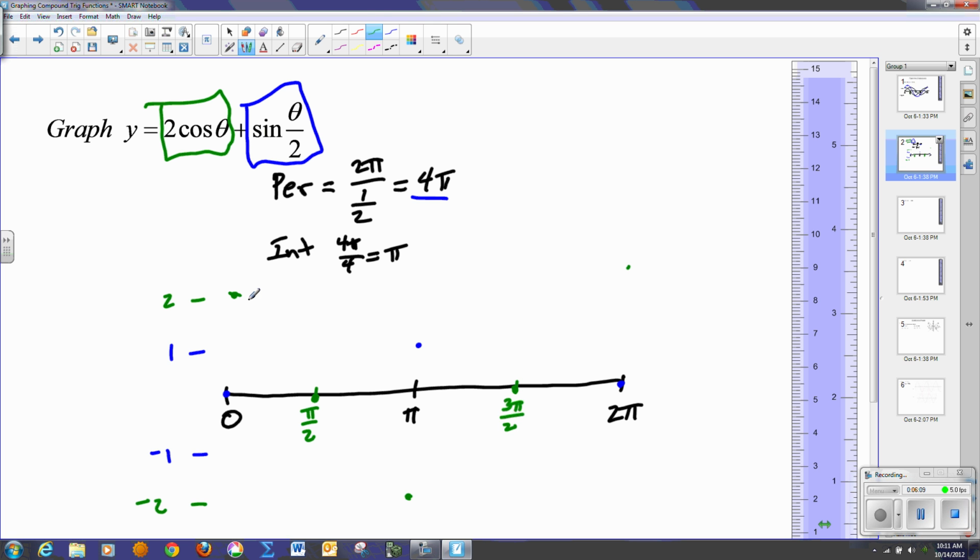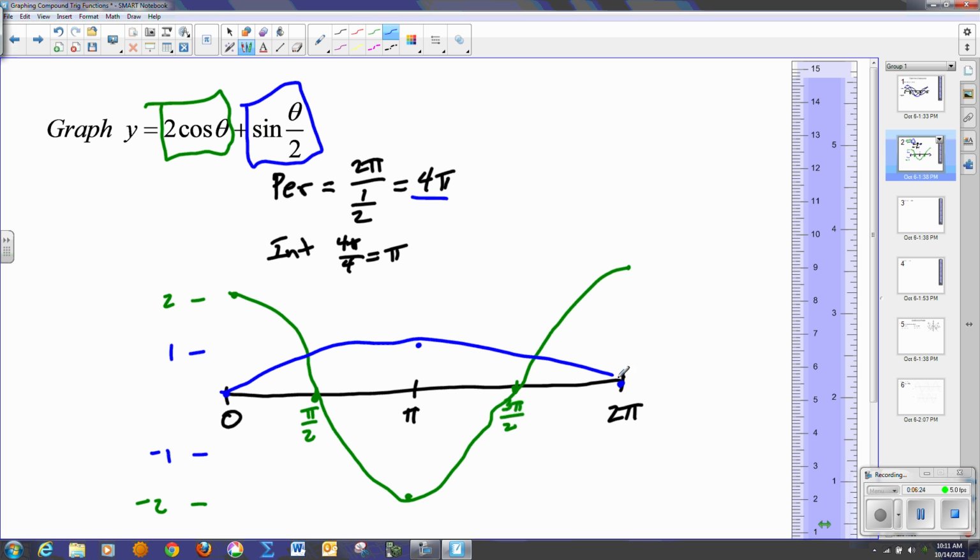So if I graph the green one, here's the graph of 2 cosine. Once again, rough sketch. And then if I connect the dots on the blue, I really have half a sine graph. So now I have to add the green and the blue graph to each other.